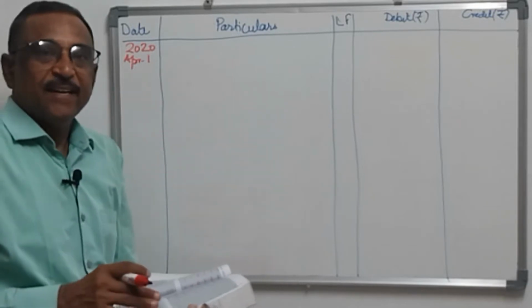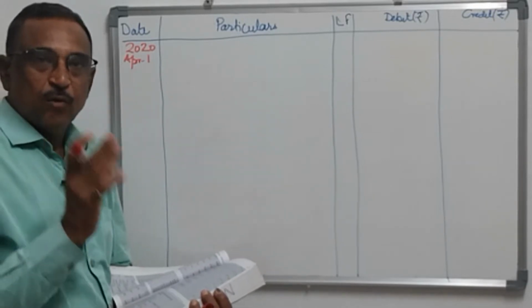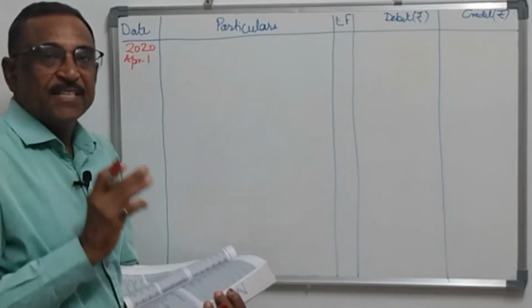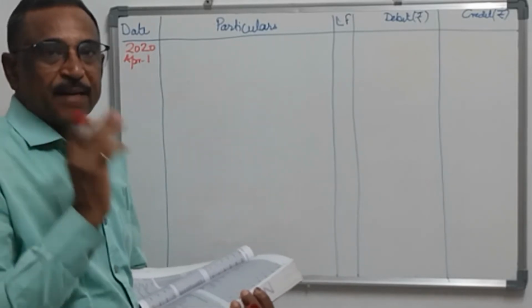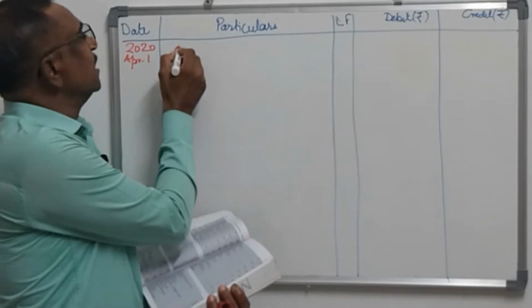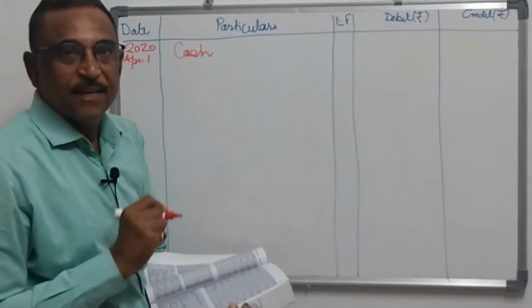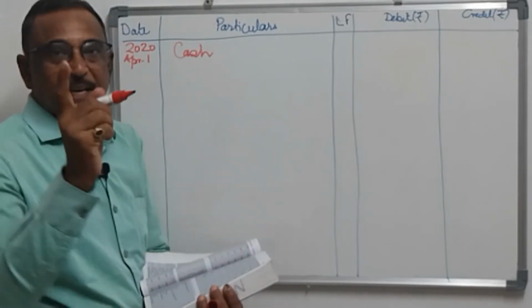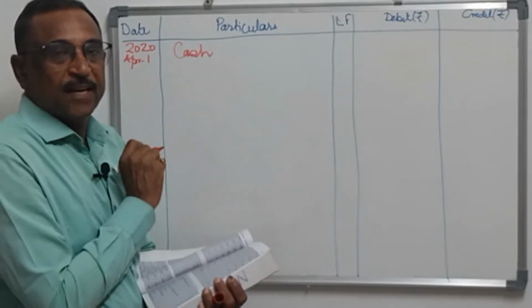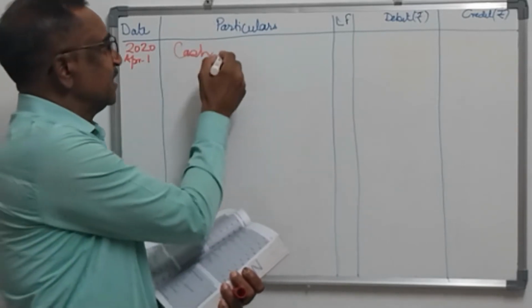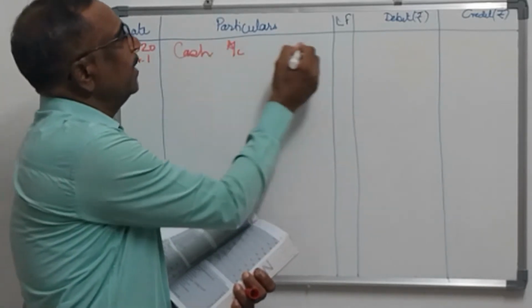So, we can identify in this transaction two accounts which are involved are cash and capital. Cash is being introduced. So, cash is your asset. An asset comes under real account. The rule for real account is what comes in is debited. So, business is getting cash. So, it will be debited.